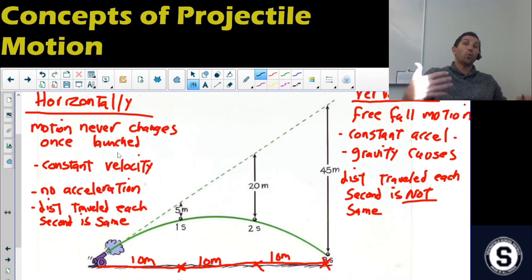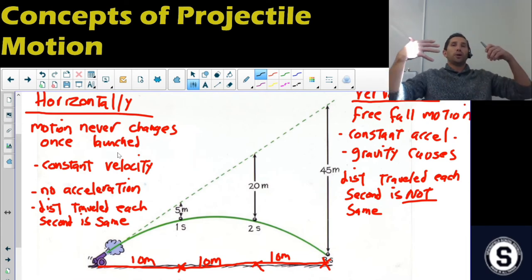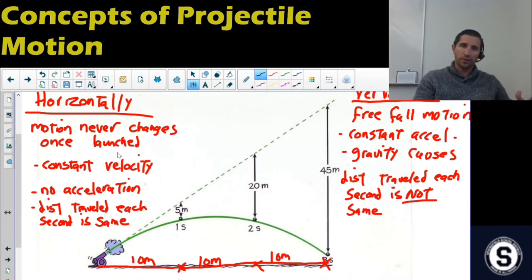Yes, it was launched, but it's not being pushed anymore horizontally. And if we're neglecting air resistance, then there's nothing pushing against it either while it flies through the air. So if there's nothing propelling it forward to go faster, and nothing pushing against it to go slower, then it's going to move at whatever speed it was launched at. So horizontally, the motion never changes once it's launched.